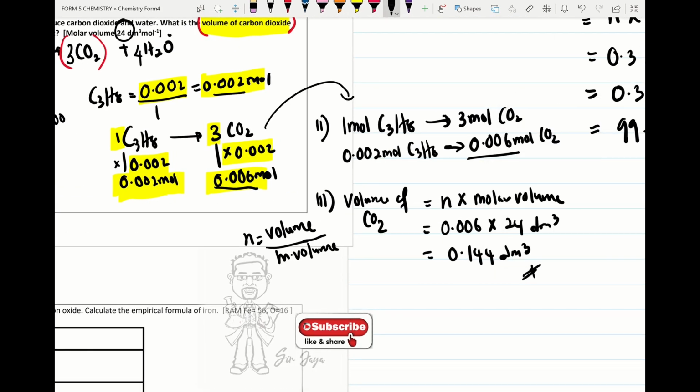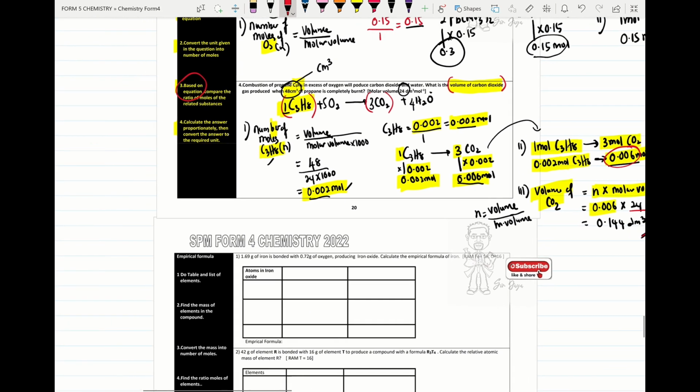So we write like this: 1 mole of propane produces 3 mole of carbon dioxide. 0.002 mole of propane will produce 0.006 mole of carbon dioxide. So the volume of carbon dioxide, we find number of mole times molar volume, which is 24. So we already get 0.144 dm³. So that's how we do the stoichiometric calculation.